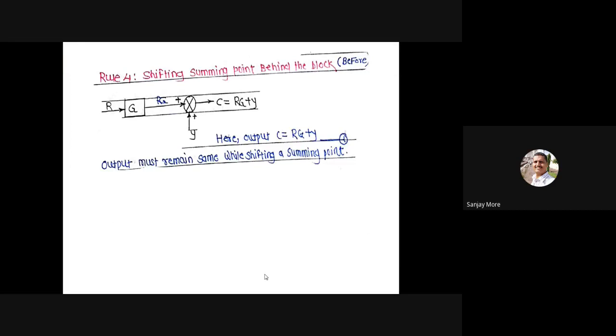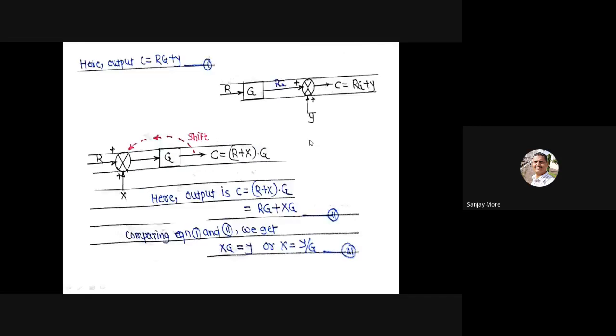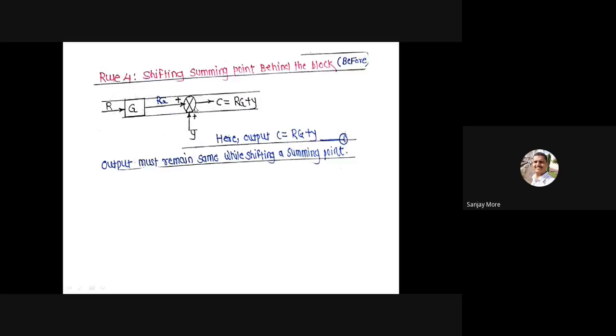Then shifting a summing point behind the block, before the block. This summing point is shifted here, behind the block. The output is C equal to RG plus Y. Connected in series, R into G, plus Y. Then the summing point is shifted here.